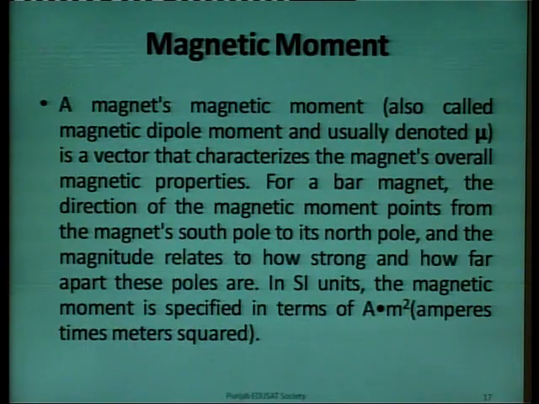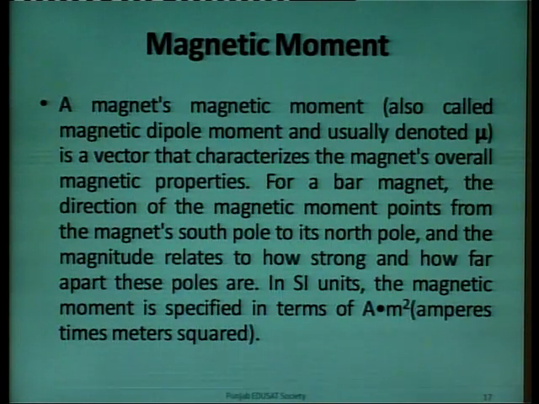Then we have the magnetic moment. Magnetic moment, also called magnetic dipole moment, is usually denoted by the Greek letter mu. It is a vector that characterizes the magnet's overall magnetic properties.